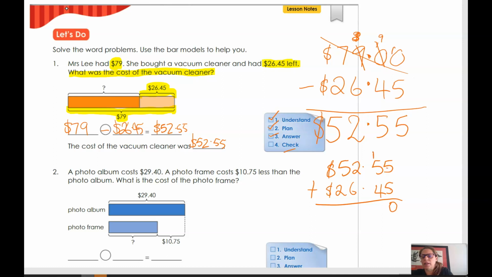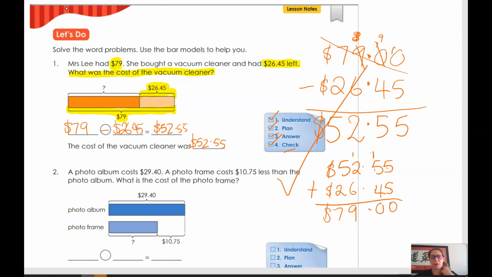We'll put the 1 over into the tenths category. So 1 plus 5 is 6, plus 4 is 10. So I know I'm winning already. And then we've got 1 plus 2 is 3, plus 6 is 9. Oh, and look at that, $79. Mrs. Simic did it correctly. Happy days, winner, winner, chicken dinner.